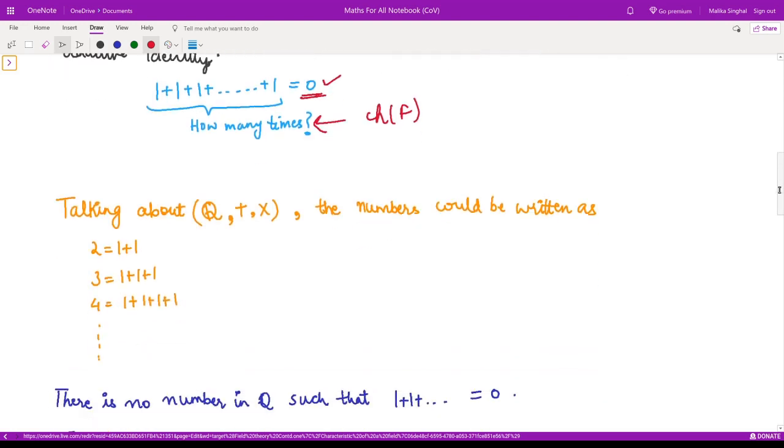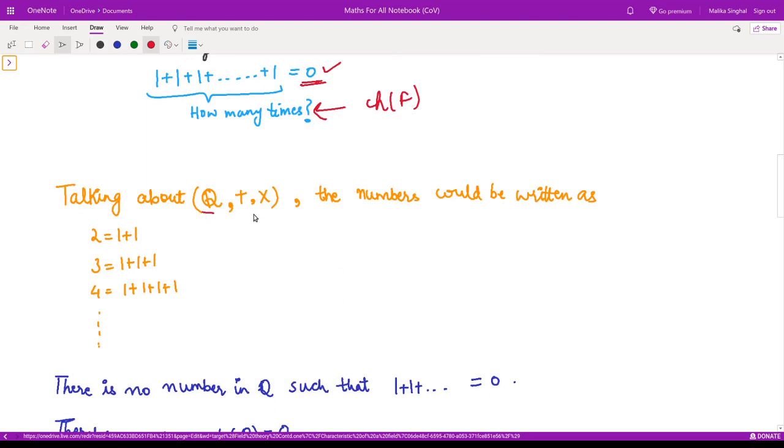For example, if you take the field of rational numbers with the operations of addition and multiplication, when you add 1 plus 1, you'll get 2. When you add 1 plus 1 plus 1, you'll get 3. When you add 1 plus 1 plus 1 plus 1, you'll get 4, and so on. Whatever the number of times you add 1 to 1, you'll never get 0.